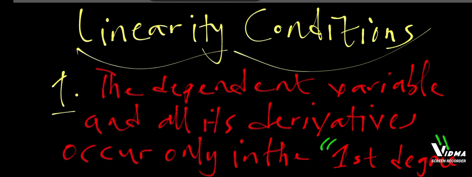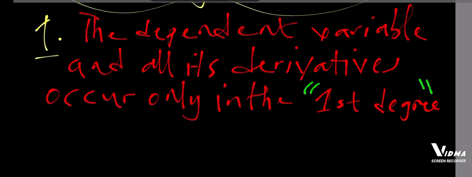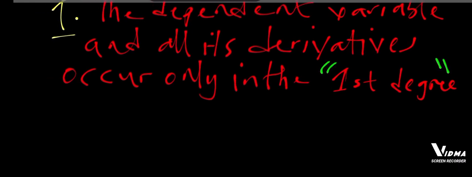Most times we write our dependent variable as y. So we are saying the dependent variable and all its derivatives occur only in the first degree. It means they must all be in the first power.